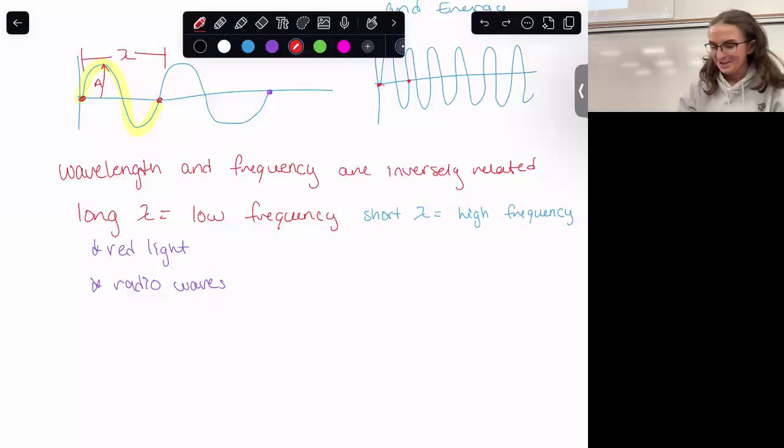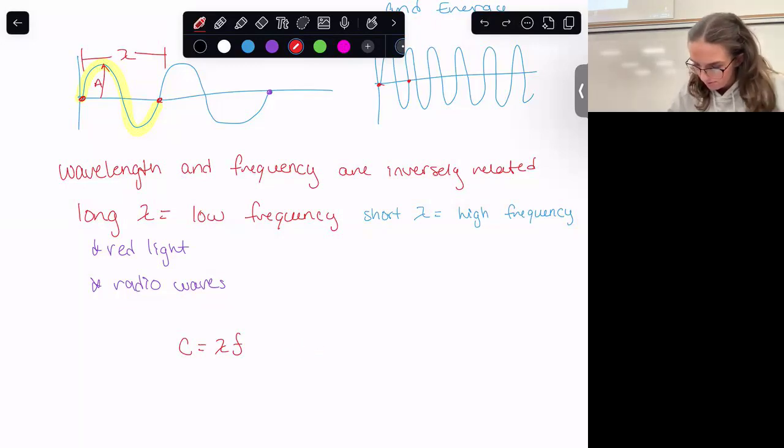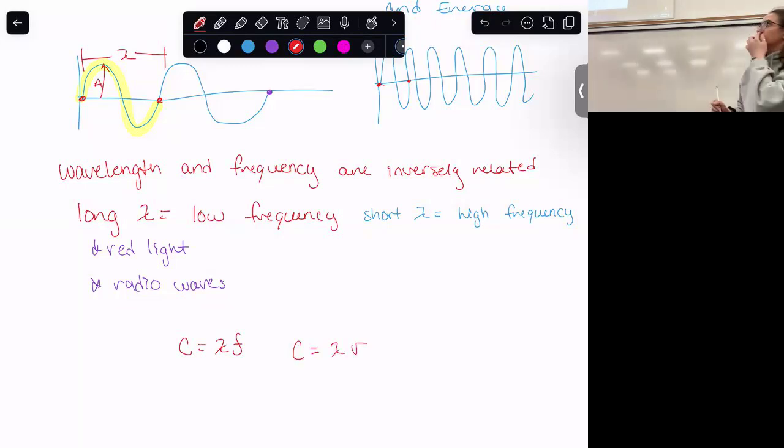Close. We relate frequency and wavelength to the speed of light, which is your constant c. Frequency is f, or it's a weird v. Either one you might see interchangeably. I use the fancy f for frequency because I think that makes more sense.